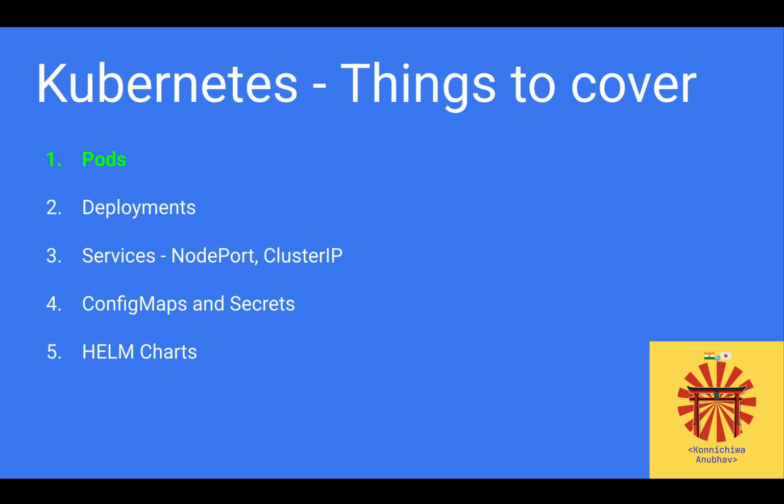I think you can already see the slide over here. The sections are highlighted, which we will be covering over the course of the next 4 or 5 videos. This specific video will cover pods, the basic unit in Kubernetes.